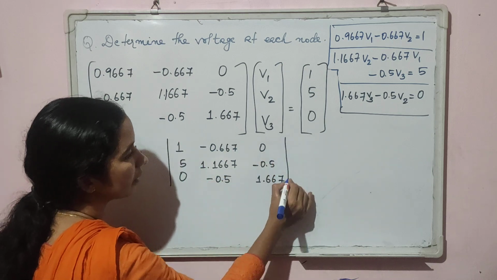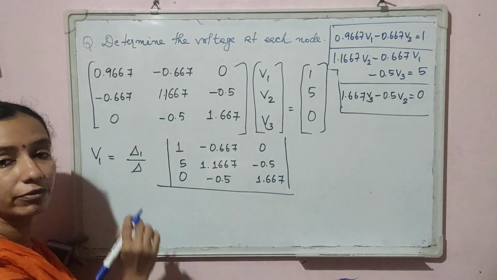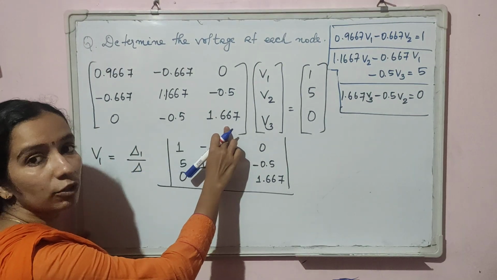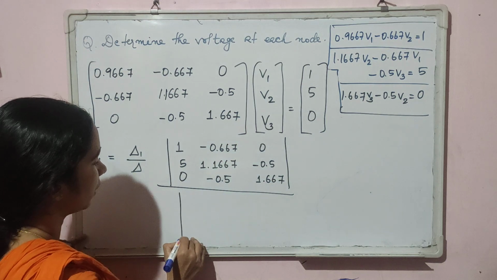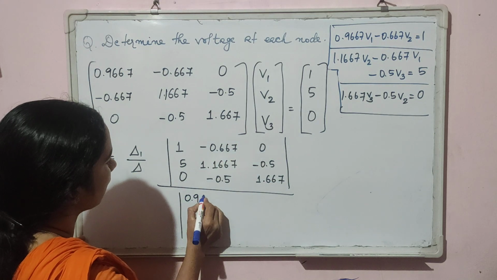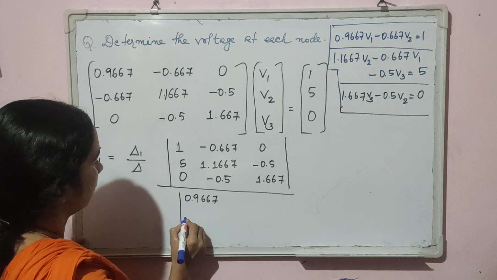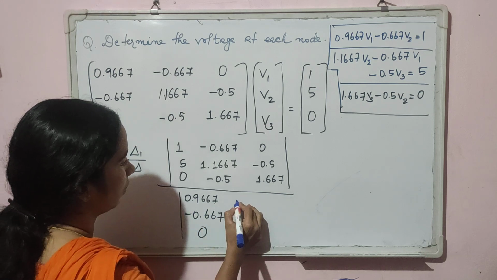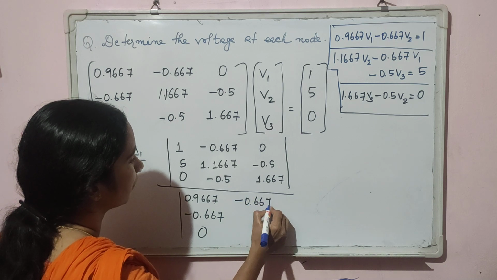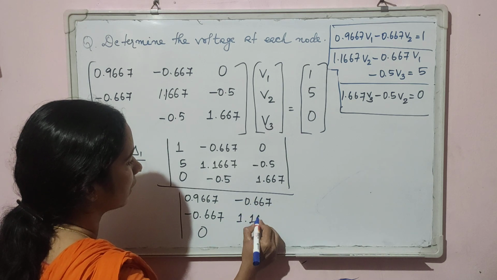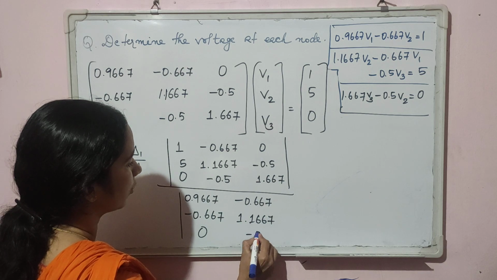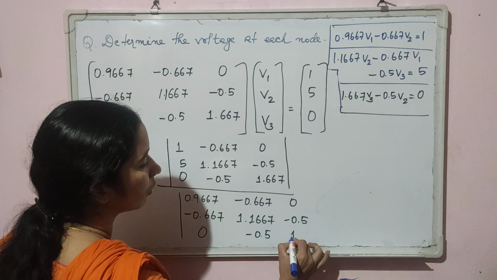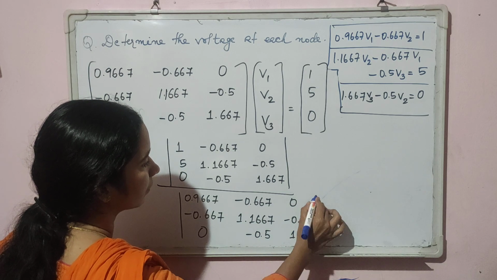Determinant of this matrix will give the value of delta 1, and delta is the determinant of the original coefficient matrix, that is determinant of 0.9667, minus 0.667, 0, minus 0.667, 1.1667, minus 0.5, 0, minus 0.5, 1.667.